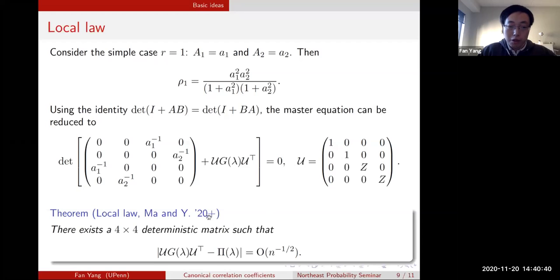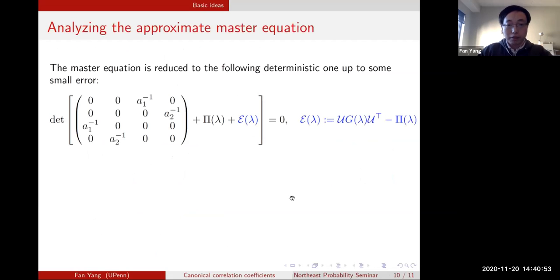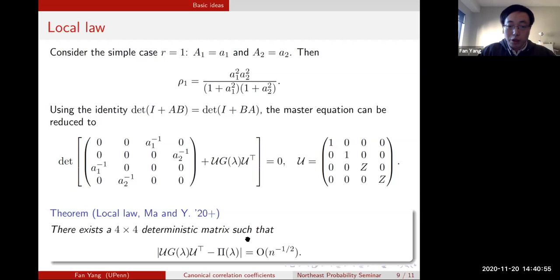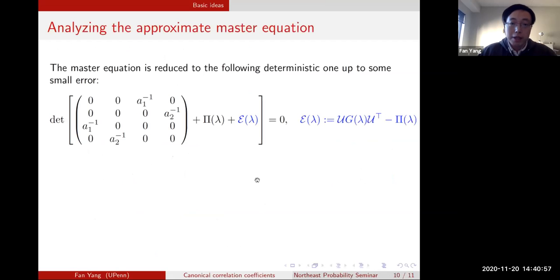The main contribution of our work is we show that there exists a 4x4 deterministic matrix such that this random part converges to a deterministic matrix up to a very small error n to the minus 1/2. Now we can write this equation using this local law as a deterministic matrix plus a small random error. And if we ignore this random error part, then we get a deterministic equation.